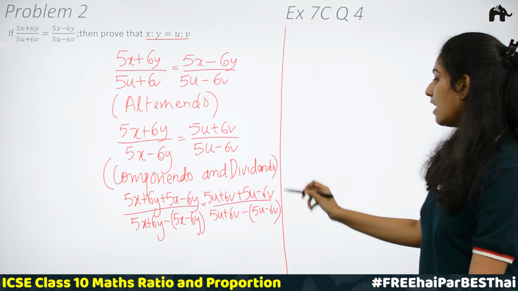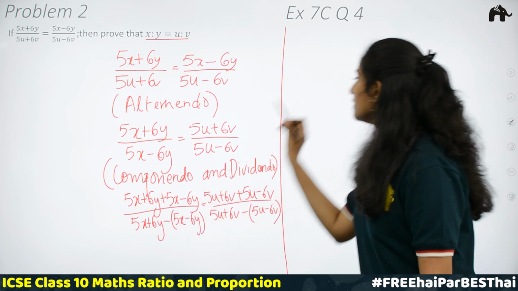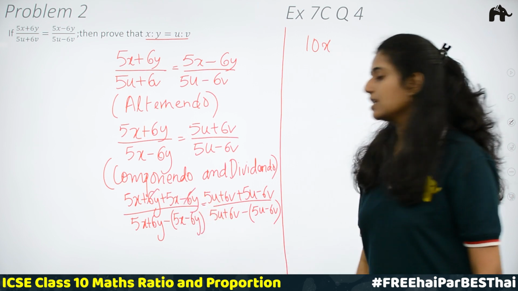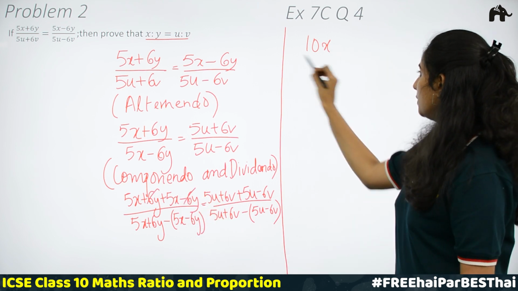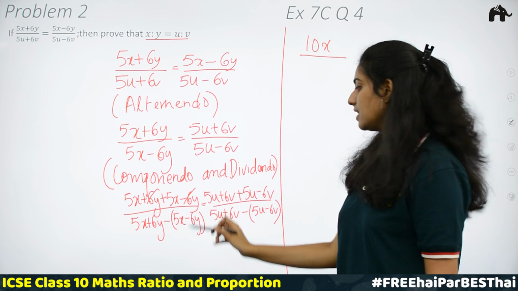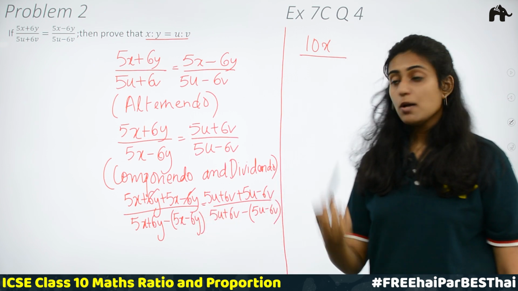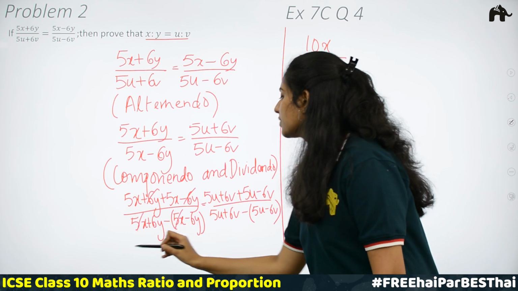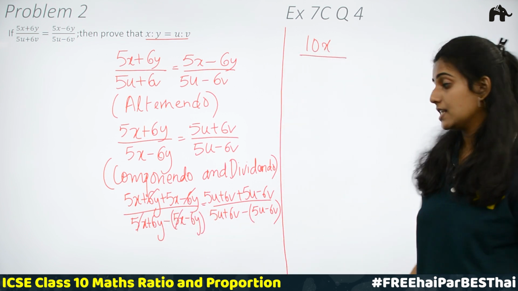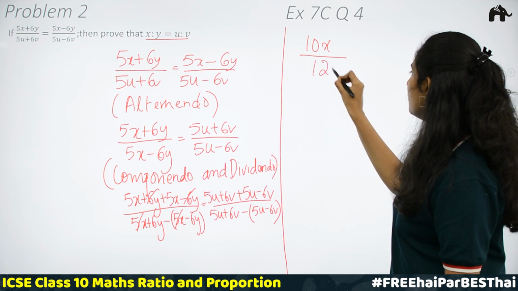Okay. Now, 5x plus 5x is 10x, 6y and minus 6y can be cancelled. In the denominator, 5x and this minus 5x can be cancelled. When you remove the brackets, you will be getting minus 5x, cancelled. 6y minus of minus 6y, 6y plus 6y, that is 12y.